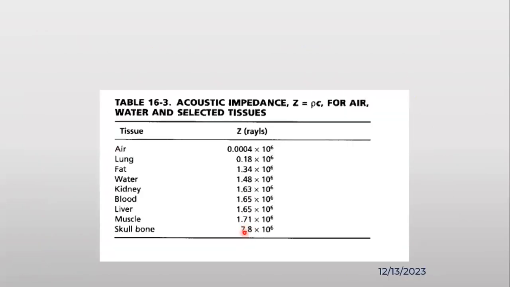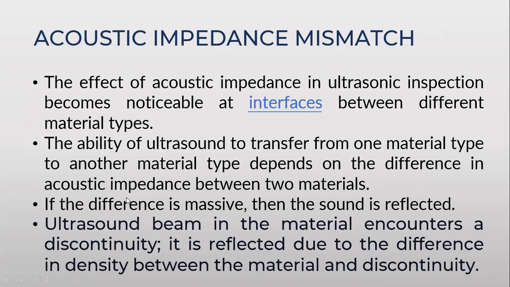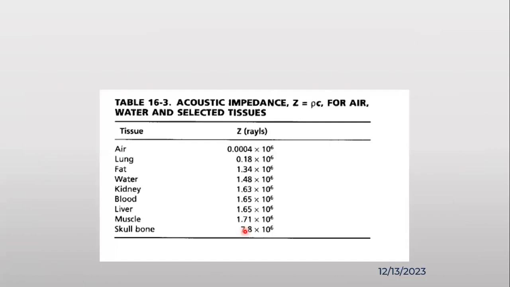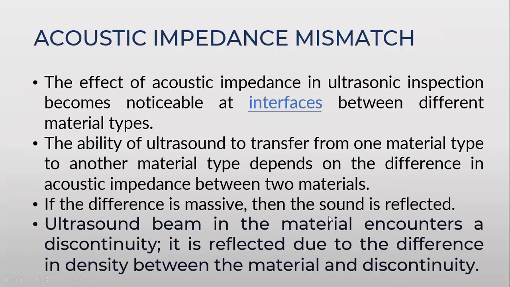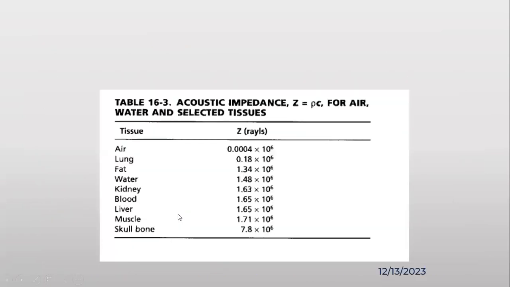This one minus this one. If the difference is massive, for example between the skull bone and the air, the sound will be reflected. If the difference is small, the sound will be only partly reflected or not reflected.